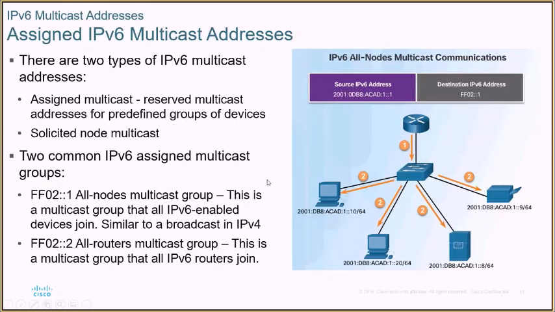Now, multicast addresses. Basically there's two major types. There are basically assigned ones. They're reserved. There's probably a better name for it. And so therefore predefined tasks. So when you send out that router solicitation message, that is actually one that is sent to FF02::2, because that's what routers will listen for.